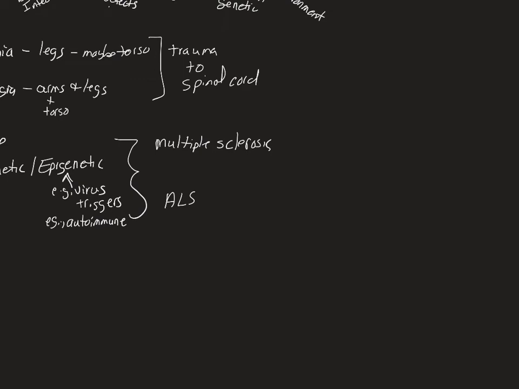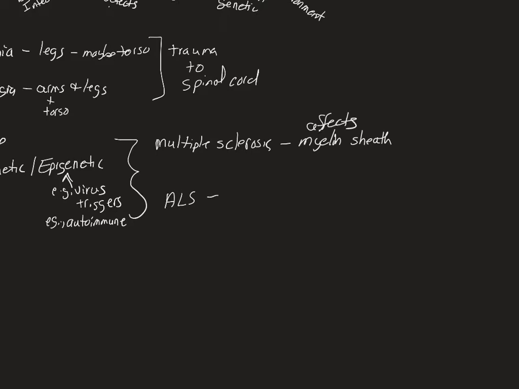So multiple sclerosis is interesting in that you're specifically targeting the myelin sheath of that peripheral nervous system, okay? And that obviously is going to prevent this speedy sending of motor and sensory signals, okay?